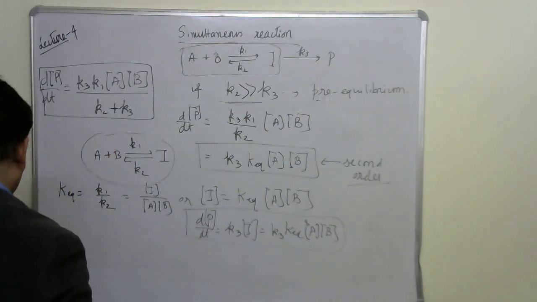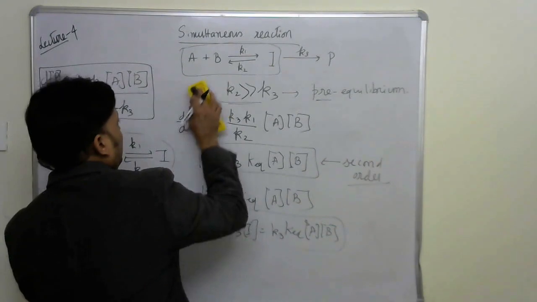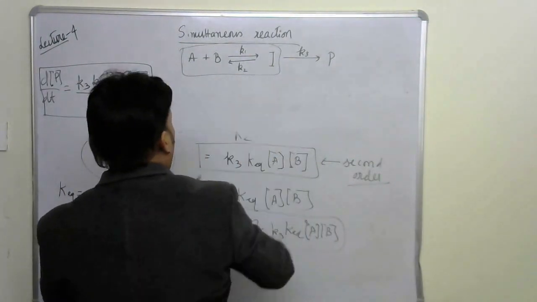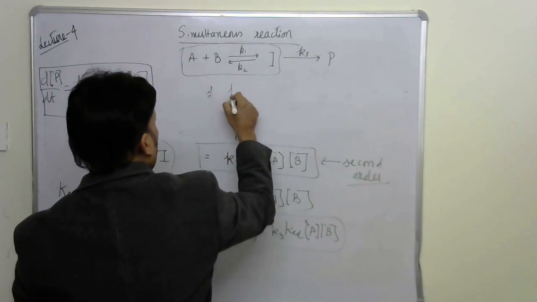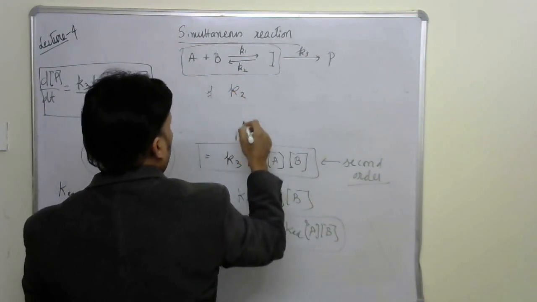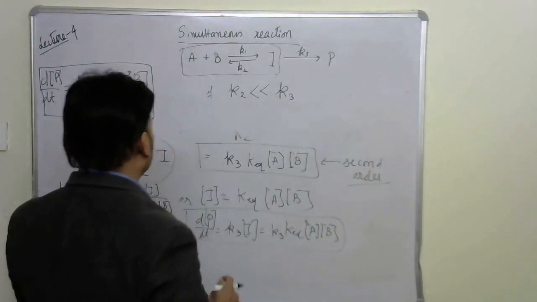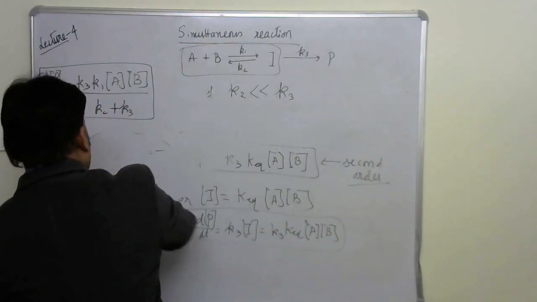So now let's discuss another scenario. That is, what happens if this is just the opposite? What happens if K2 is negligibly smaller than K3? Okay, so then what will happen?